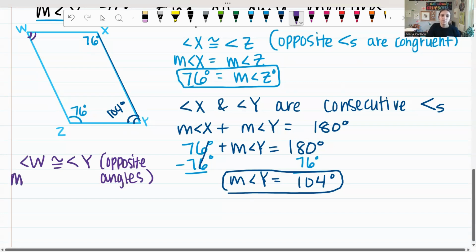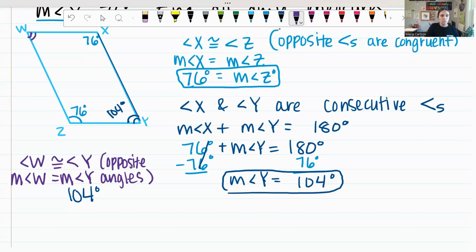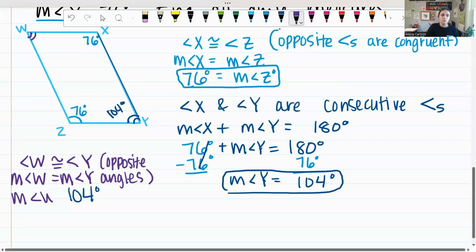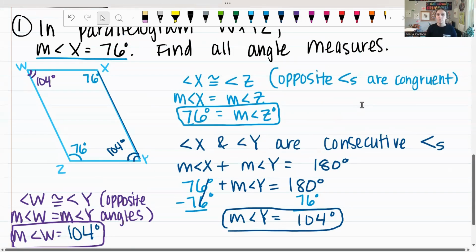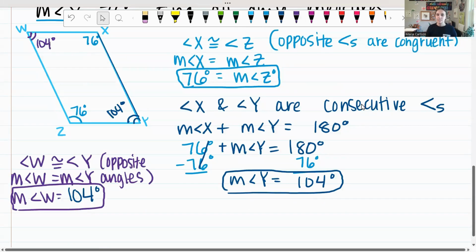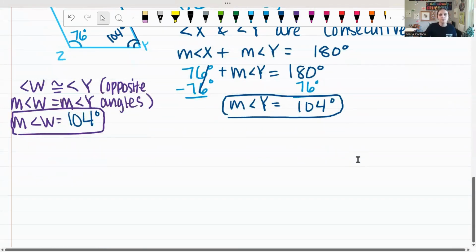So my measure of angle W is equal to my measure of angle Y, and Y is 104 degrees. So the measure of angle W is 104 as well. All right, now we found all of our angle measures, right? We know X is 76, Z is 76, and then both W and Y are 104.